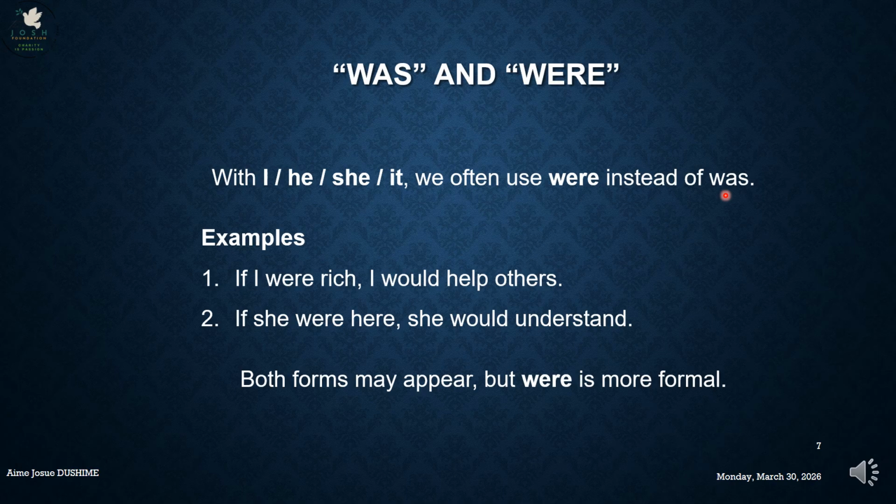With the verb to be, we don't care about the subject, we just use were instead of was. That's why I say if I were rich, I would help others. You see that? If I were rich, I would help others. Instead of saying if I was rich, no, that's wrong. I say if I were rich.